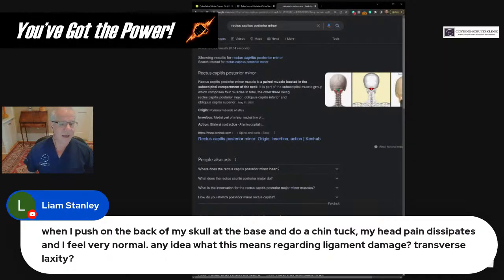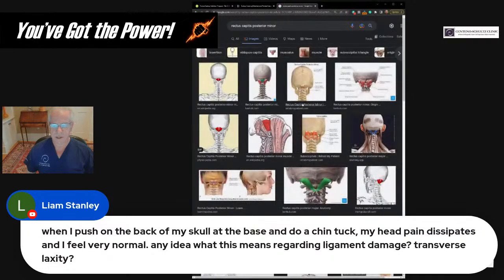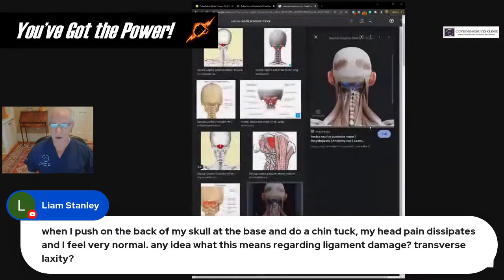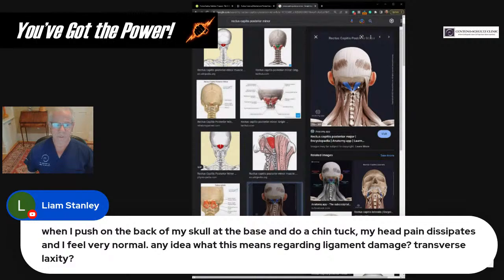Okay, so rectus capitis posterior minor here. So rectus capitis posterior minor is at the very back of the skull here, kind of off to, well, actually that's major. The minor is in the middle. So the colored one here is rectus capitis posterior major. Rectus capitis posterior minor is the one right in the middle there.